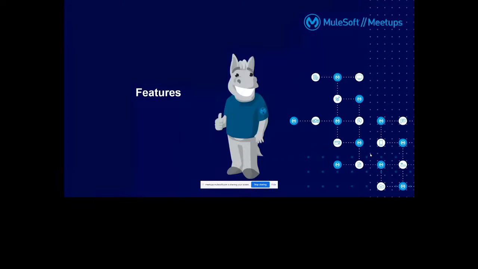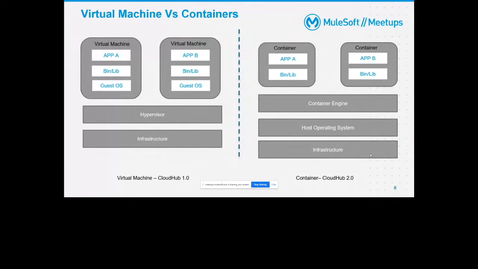Oh, Ananda, sorry to interrupt. I have a doubt. Sure. Container engine, will there be a guest OS? No, no, no. The container engine is on top of your host operating system. So a container will ship only the application and binary libraries on top of the operating system.